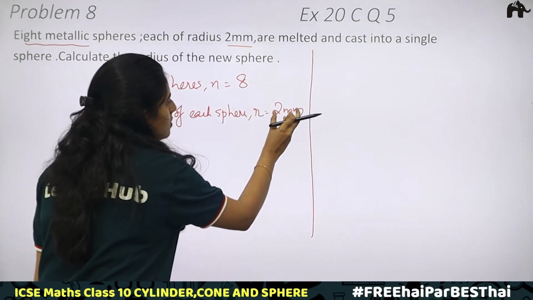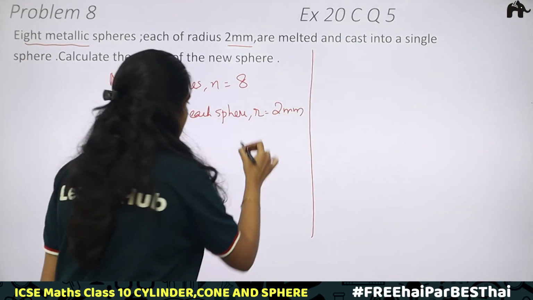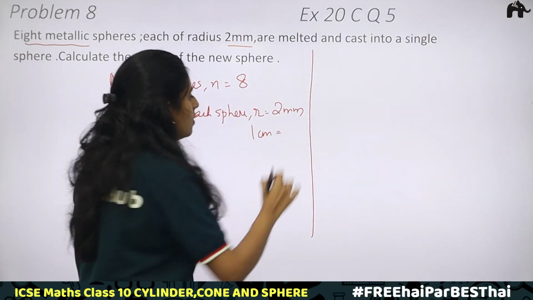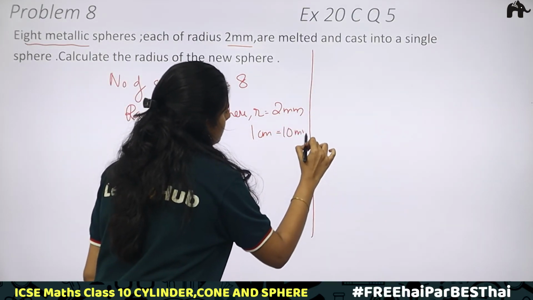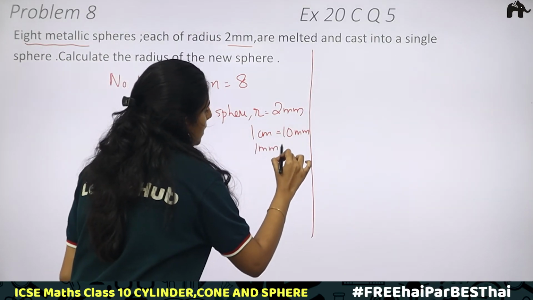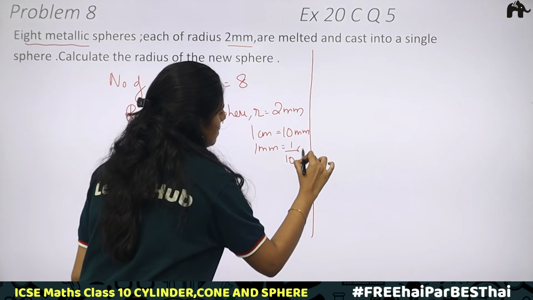We'll convert this 2 millimeters to centimeter. We know 1 centimeter is equal to 10 millimeter. Okay, which means 1 millimeter will be 1 by 10 centimeters.